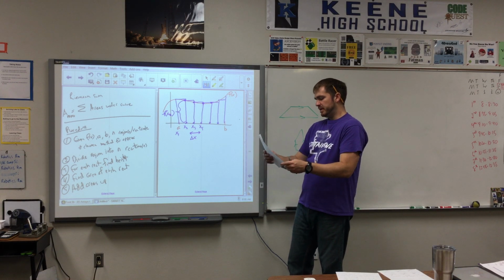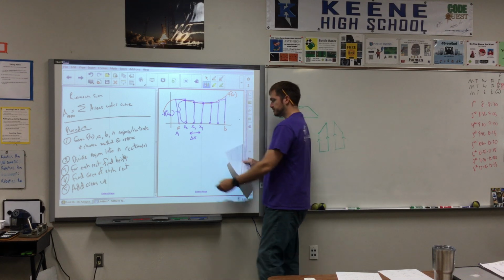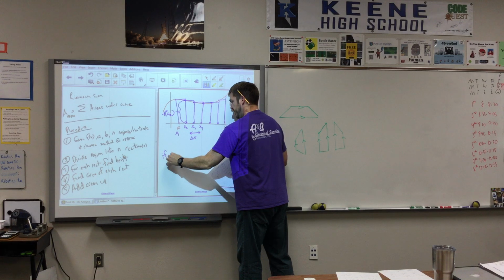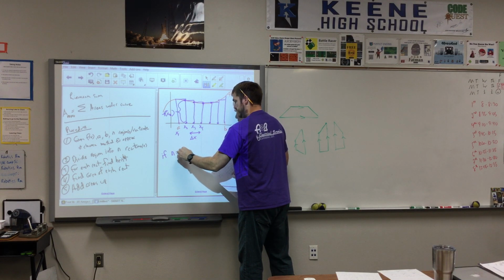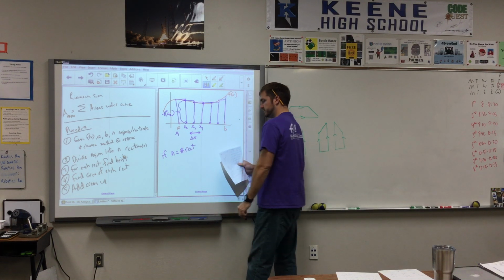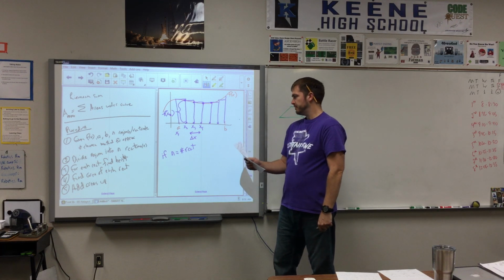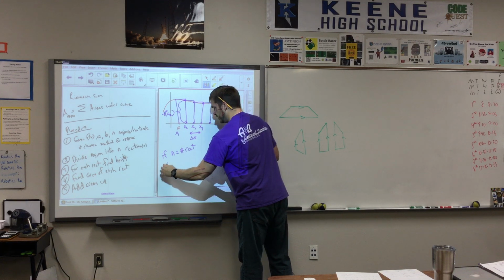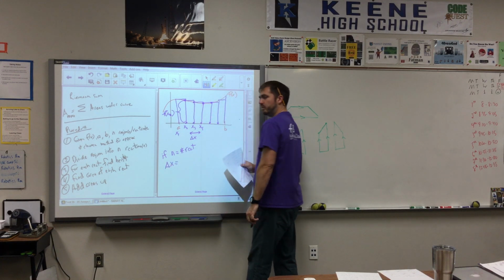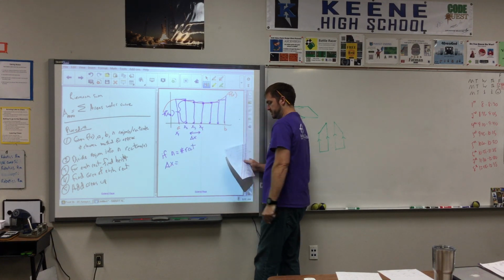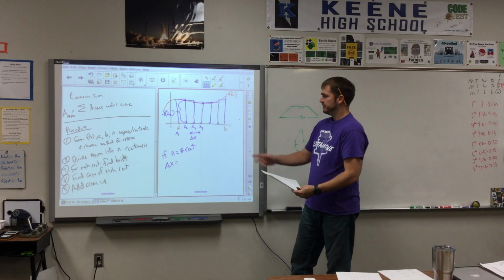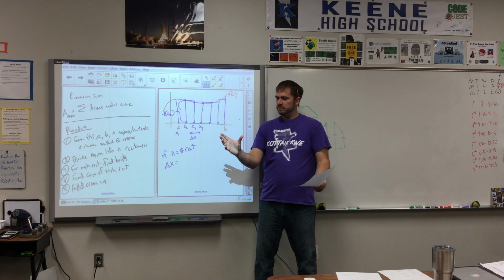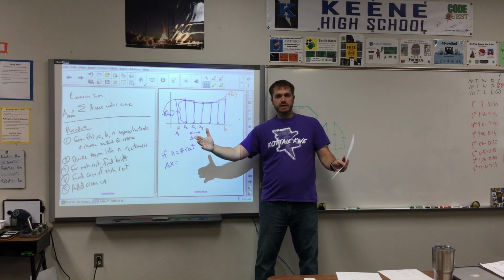So we have some terminology. If n is equal to the number of rectangles, then your width, delta x, is going to be: how wide is each rectangle?